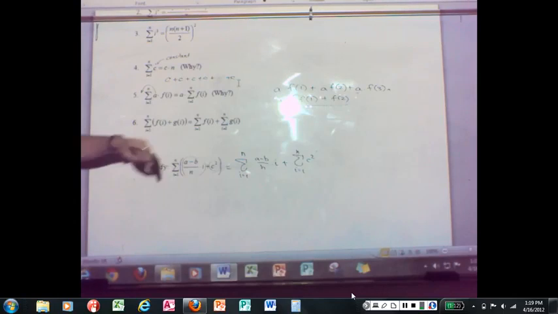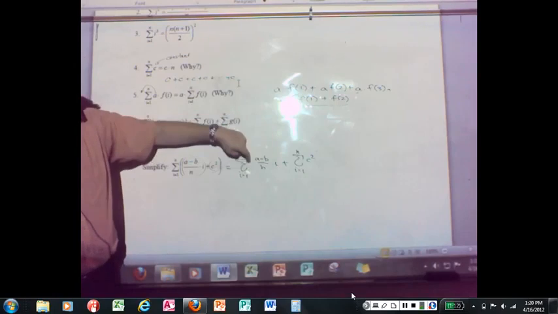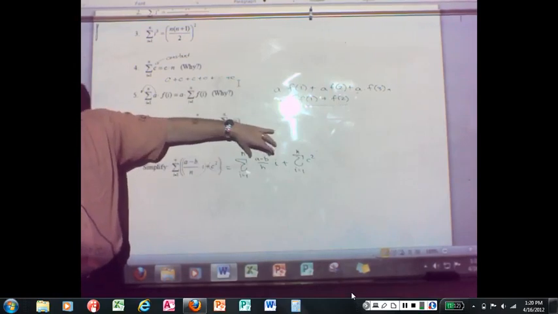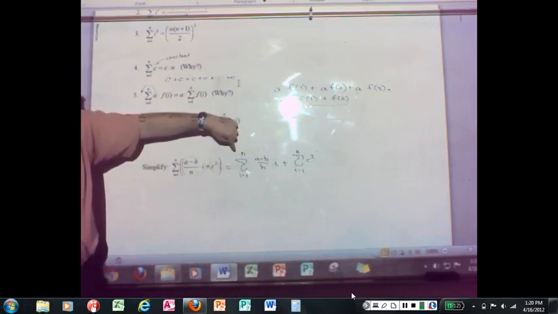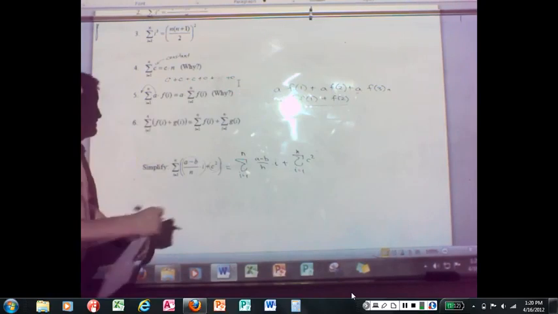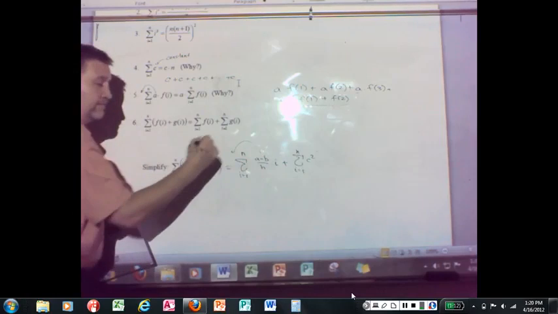Now what can I do on the first sum here? Well, it's pretty complicated, but isn't this essentially just a constant? Because really we're saying n is just some number, a and b are just some numbers. This is a constant. So what can I do with that? By property 5, I can bring it right outside.